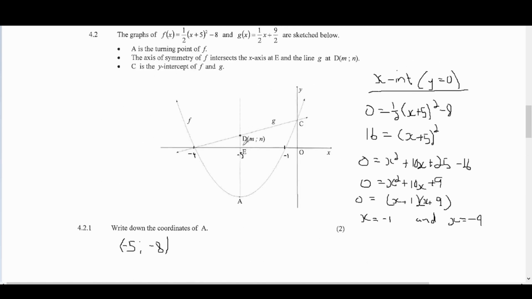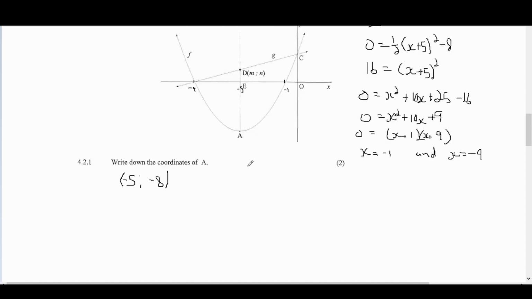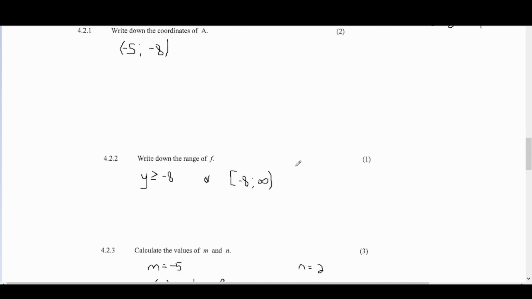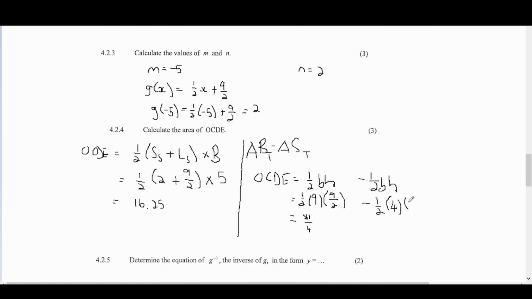And our height is from E to D. Our y value is 2. So it's a height of 2. So this becomes a half times 4 times 2 over here. So this simplifies to 4 times 2 is 8, divided by 2 is 4.